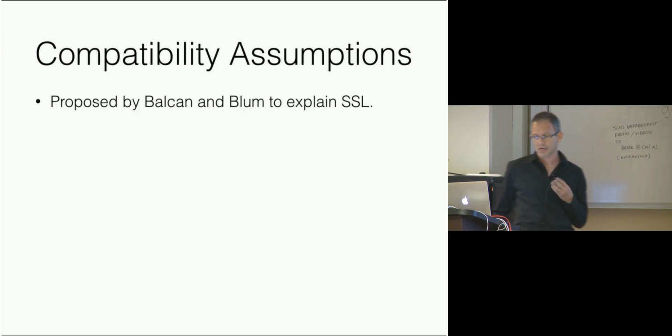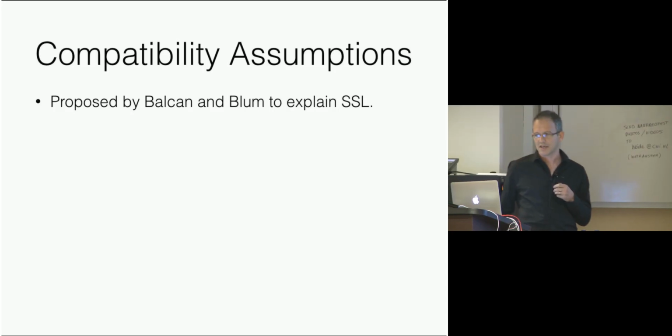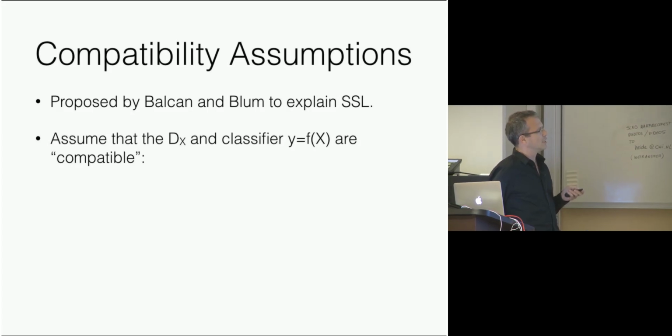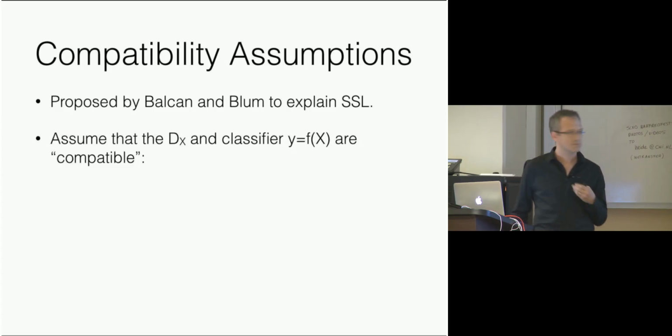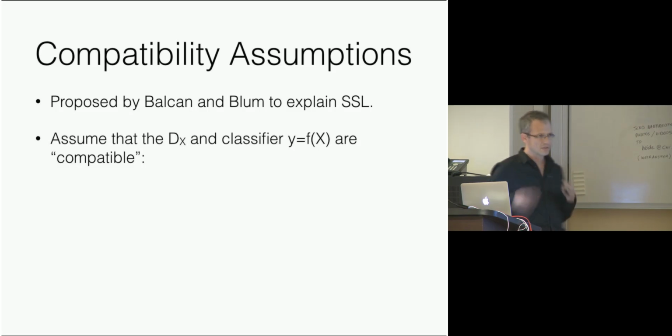This is a framework by Balcan and Blum and others to explain the efficiency of semi-supervised learning. The idea is that in the case where the distribution over the features, D of x, this distribution over x space, and the classifier f of x are compatible in some sense, then you can show that semi-supervised learning will have better sample complexity than supervised learning.